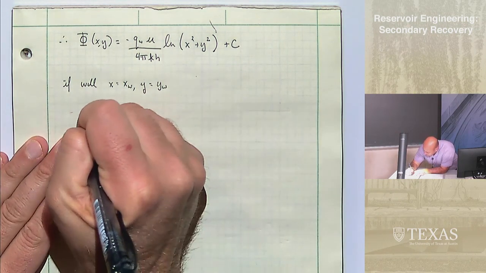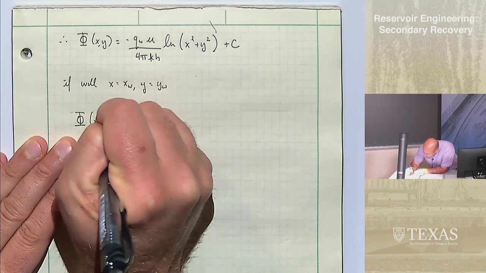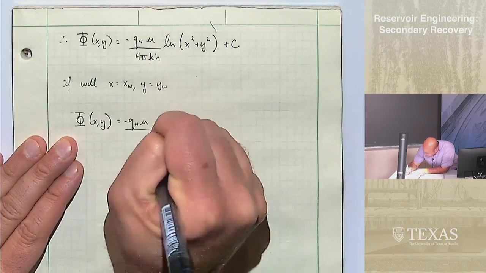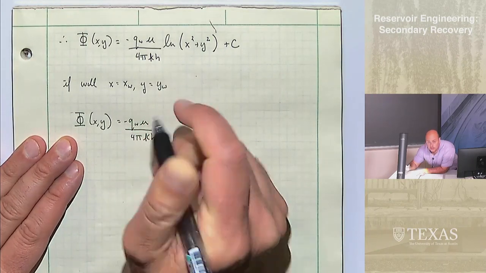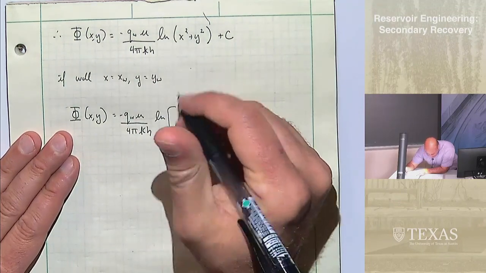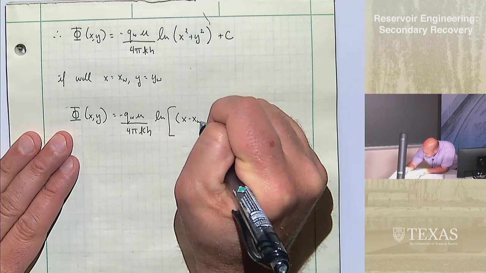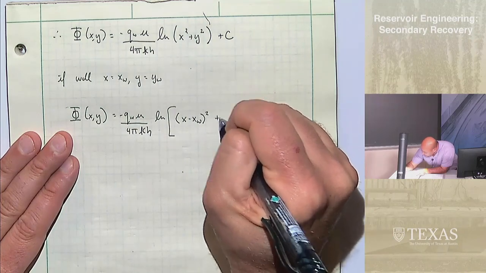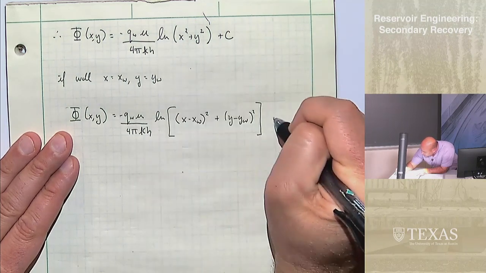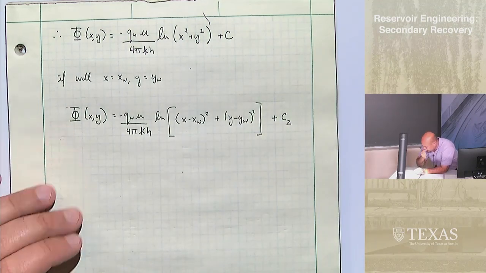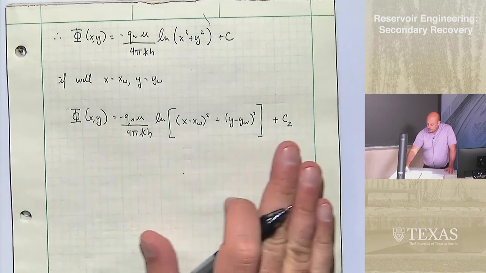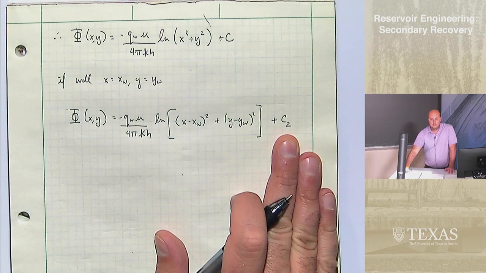So what you have is phi of x and y equal to minus Q_w over 4 pi kh times the ln. Now it's (x minus x_w) squared plus (y minus y_w) squared. And the constant of integration might be different. I'll call it C2, but right now, it doesn't matter. To know the exact potential, we would need a boundary condition.